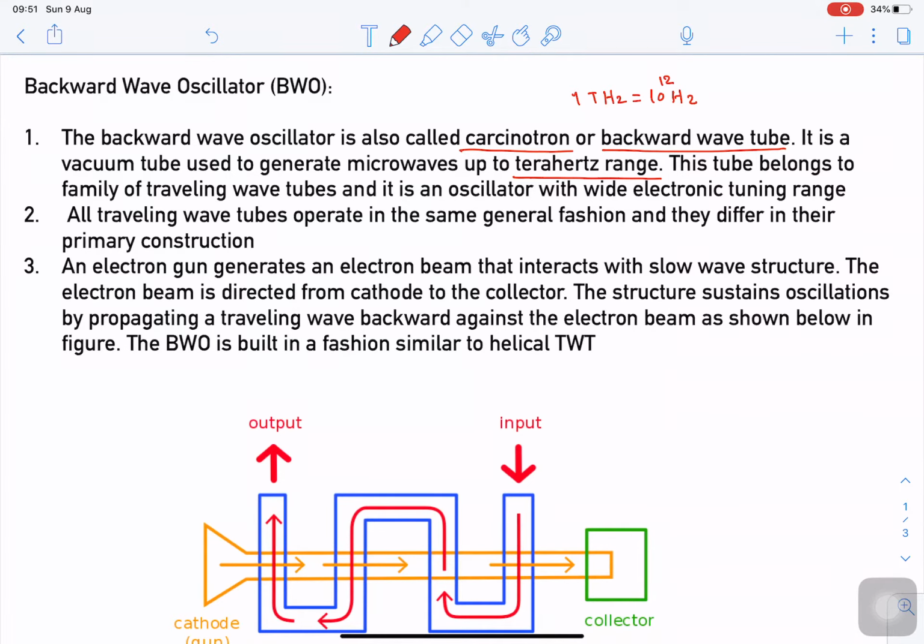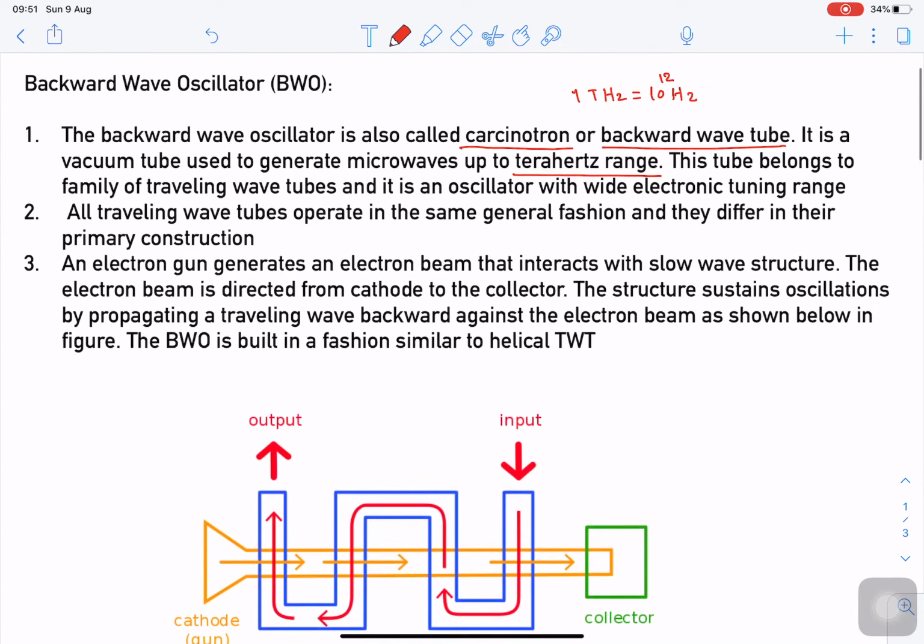The frequency generated by these tubes is only limited to certain gigahertz. But this backward wave oscillator is able to generate frequency in the excessive range of terahertz level, which is far better and bigger than a gigahertz signal, right?